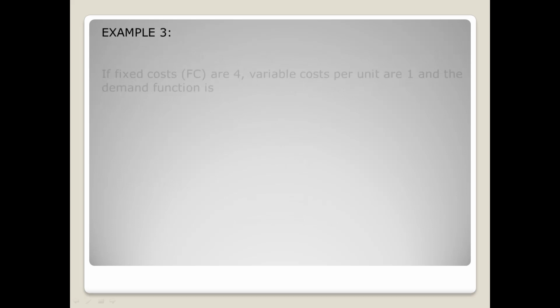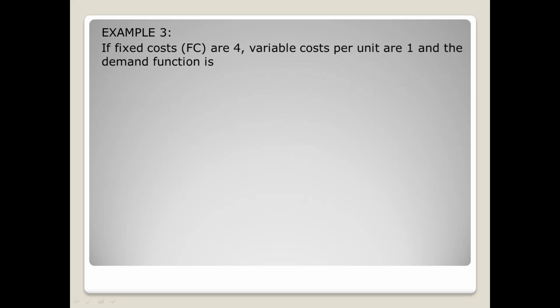Now let's see example number 3. If fixed costs FC are 4, variable cost per unit is 1, and the demand function is P equals minus 2Q plus 10.